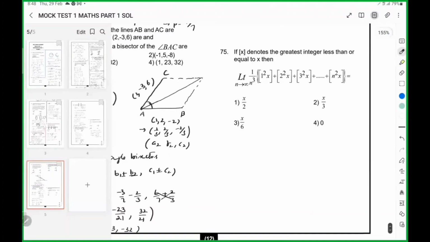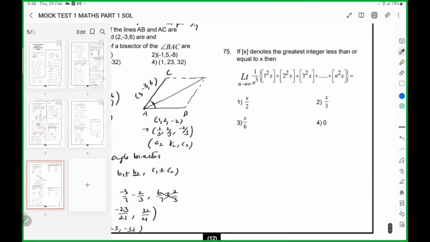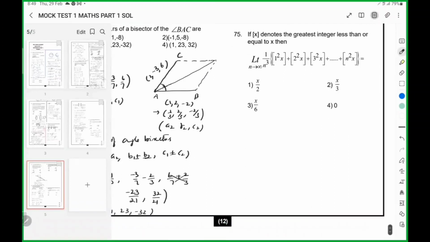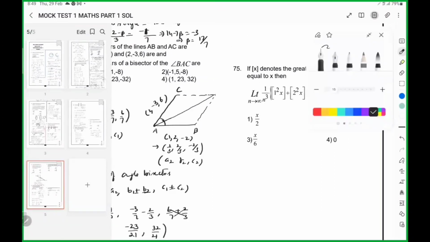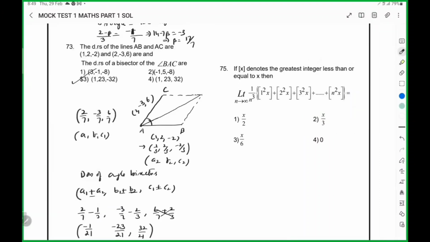Here, this one, let us solve this limit with the help of the sandwich theorem.